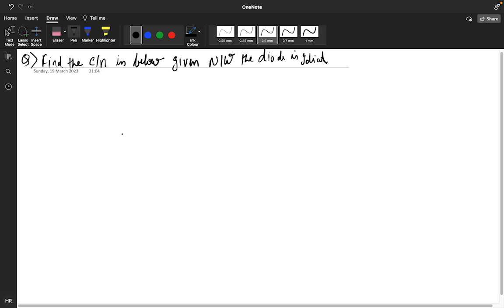Okay. So this is the figure. Means like you have 2 ohm resistor, and here it is 2 ohm resistor. This is positive negative 10 volt.